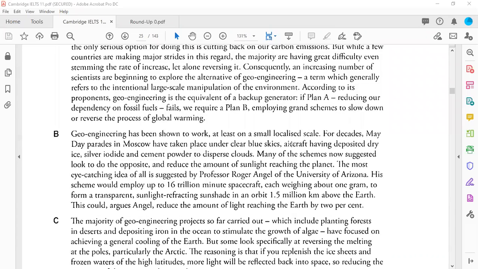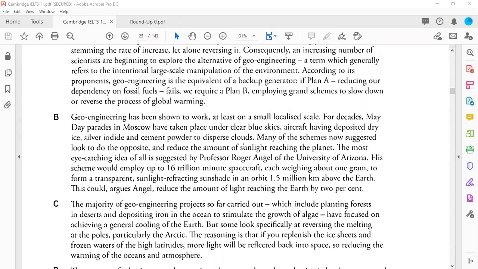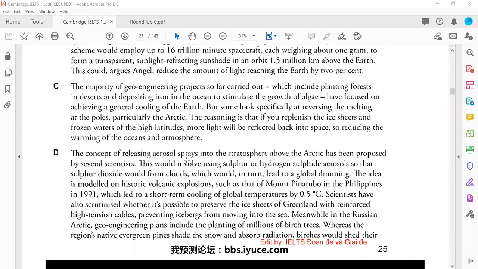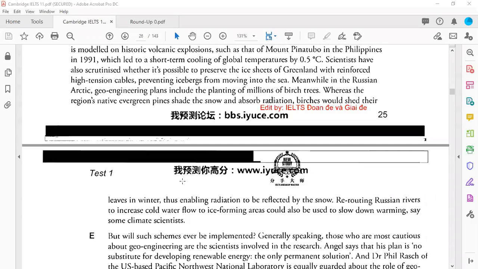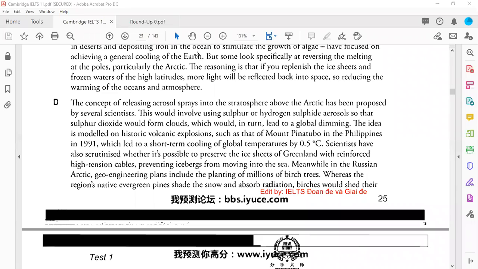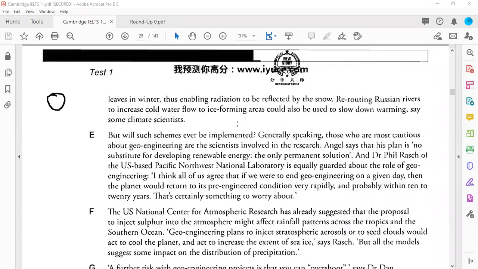And in D he speaks about a project. D seems to be the closest to the truth.